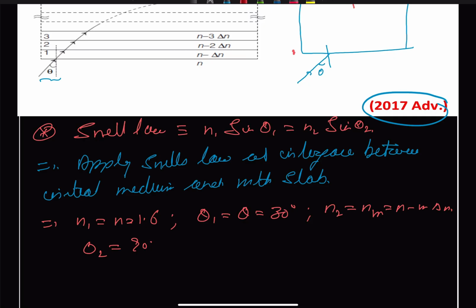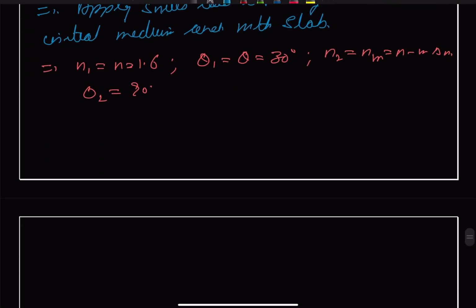So we substitute these values in Snell's law, and we get sine of theta is equal to n minus m delta n times sine of 90. Theta is 30, so we substitute the values.